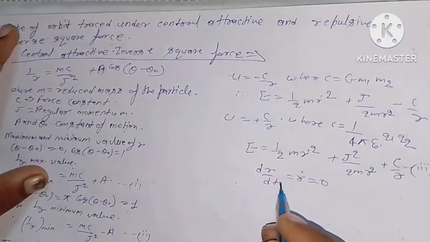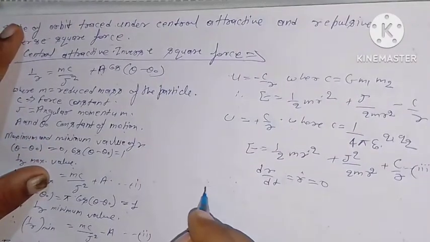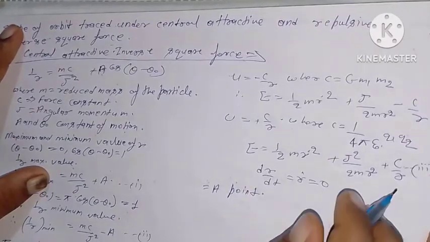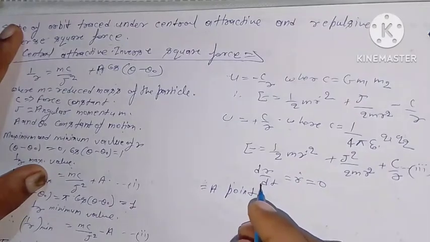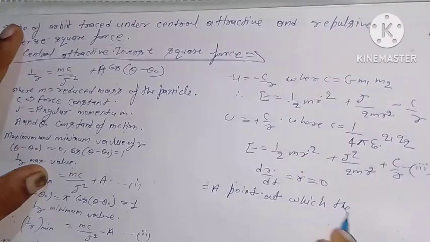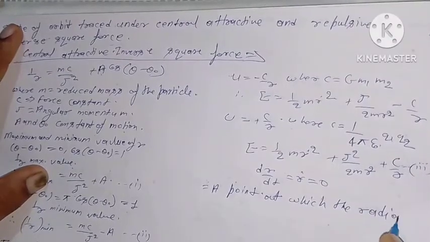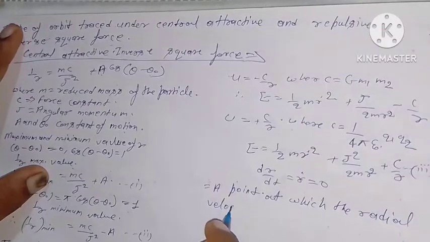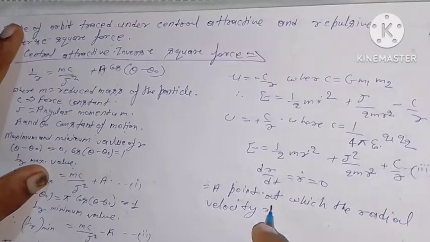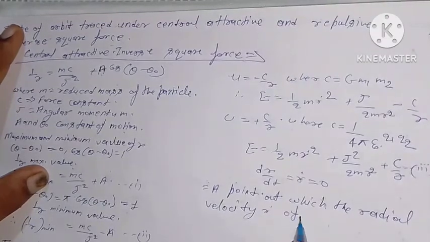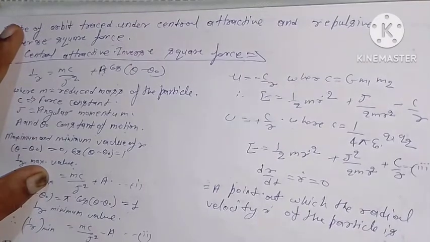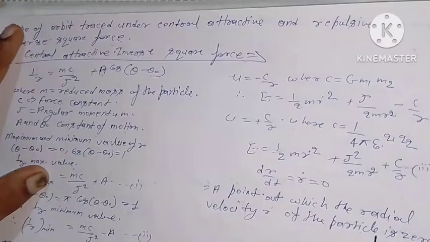Thus the turning point is defined as a point at which the radial velocity r dot of the particle is 0.